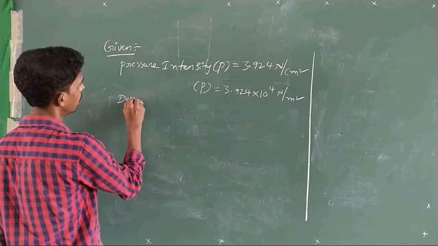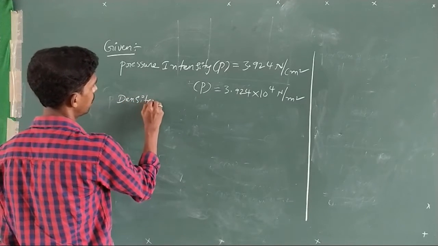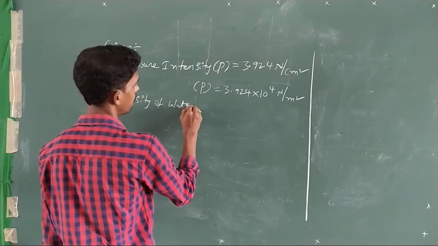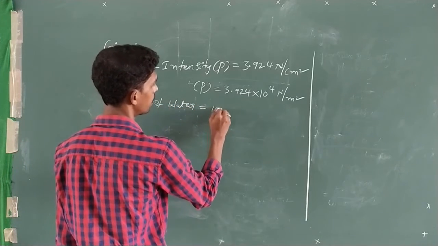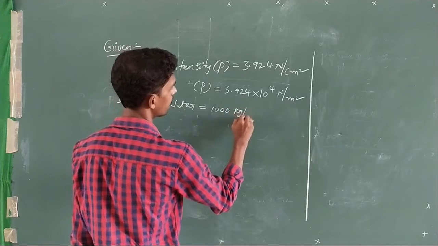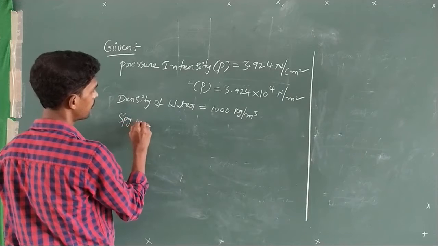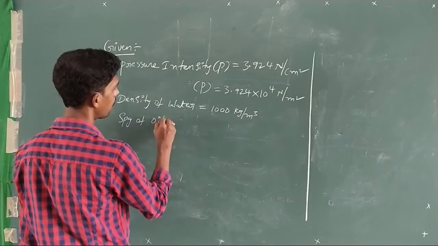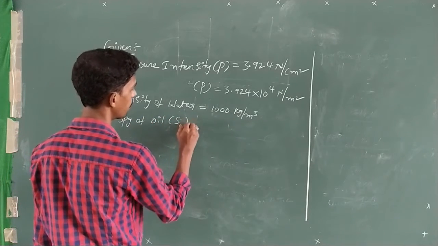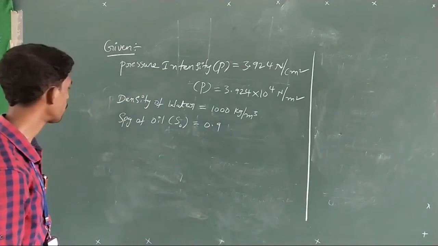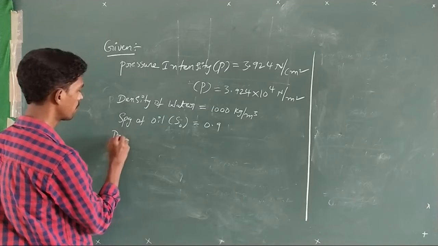Density of water is equal to, you know that value, 1000 kg per meter cube, and here specific gravity of oil is given. So specific gravity of oil, he has given as 0.9. So how to find out the density of oil?